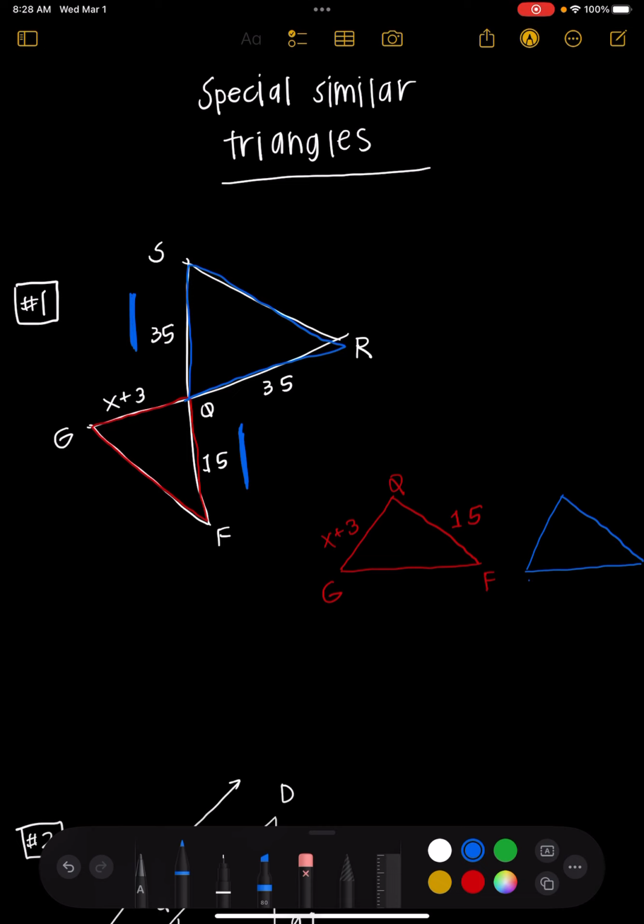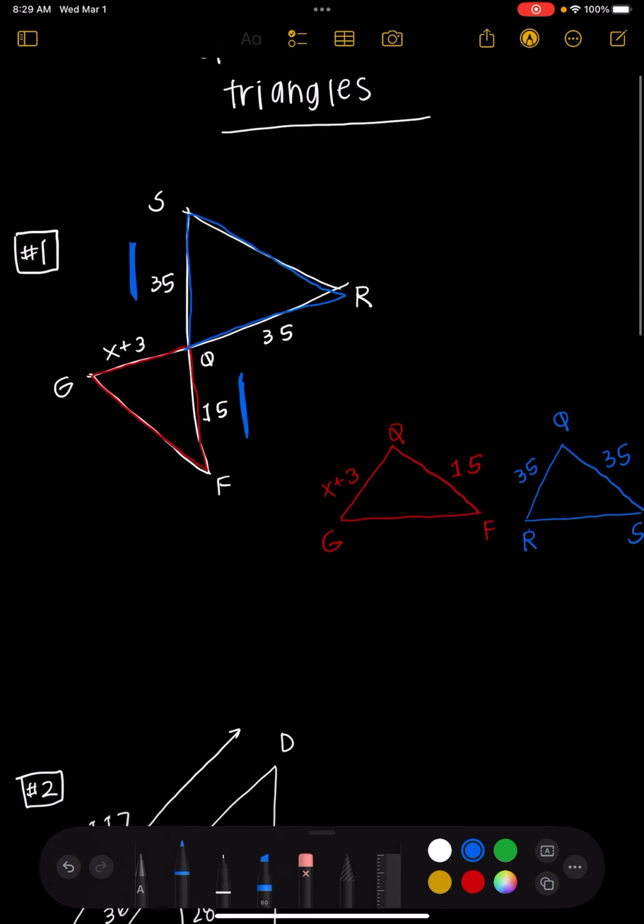So this side is going to be R, Q, and S, which means this is 35 and this is 35. In this case, it doesn't actually matter that we flipped it around because both sides ended up being 35. But in the other cases where they're not the same number, it is important, so you want to make sure that you do flip those things.